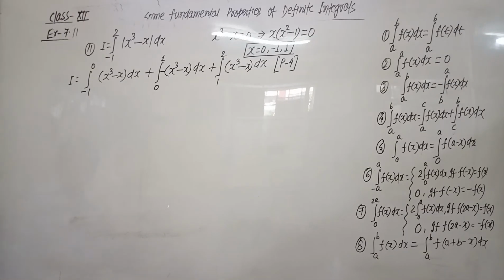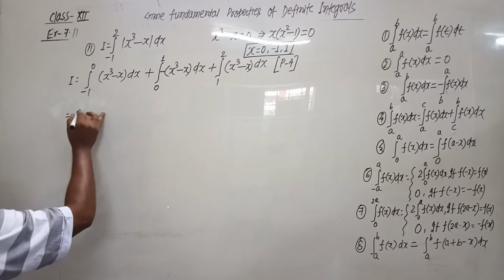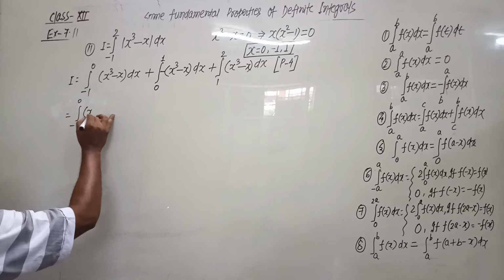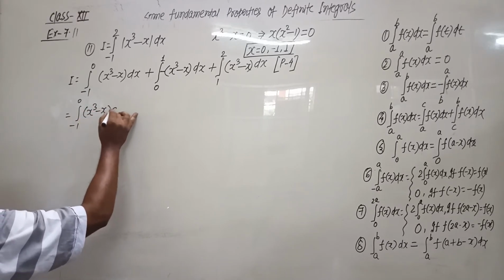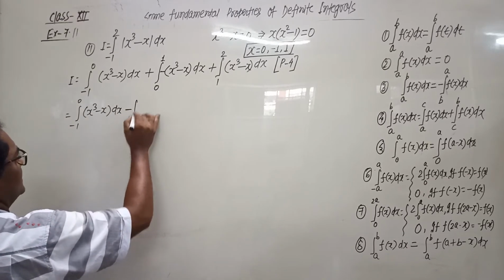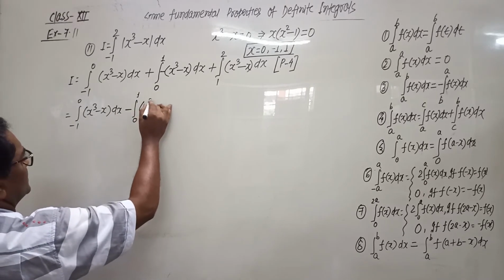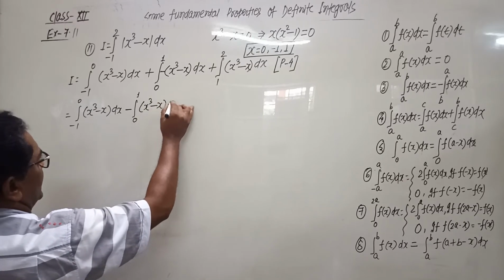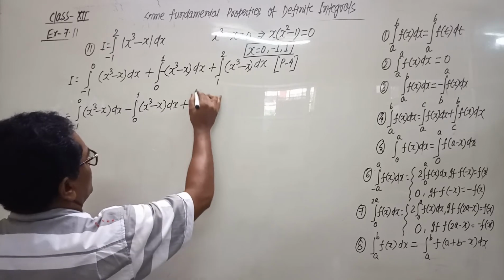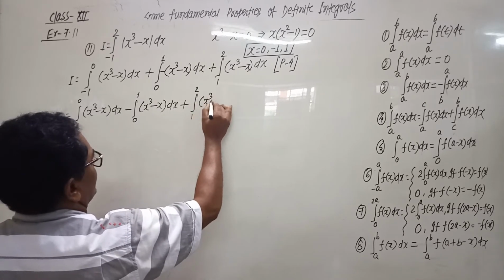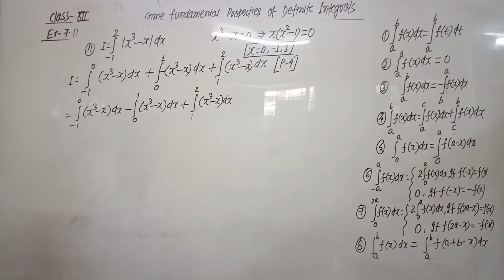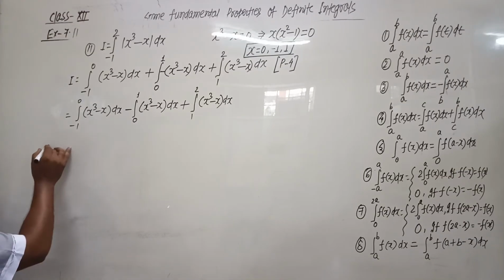Now it becomes integration from -1 to 0 of x³ - x dx, and this plus-minus becomes minus integration from 0 to 1 of x³ - x dx, and plus integration from 1 to 2 of x³ - x dx. Then we expand the bracket and integrate.